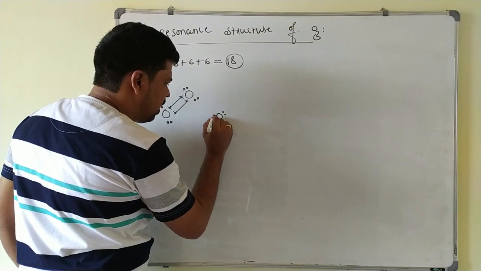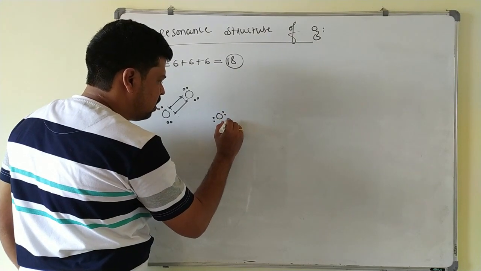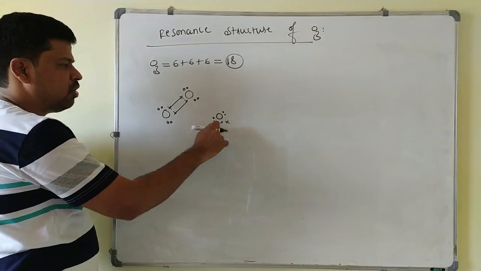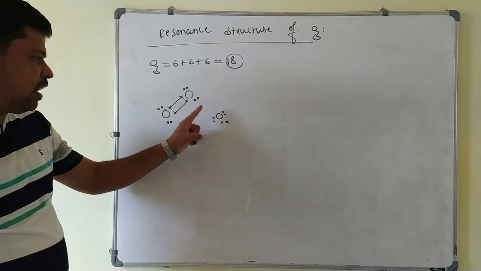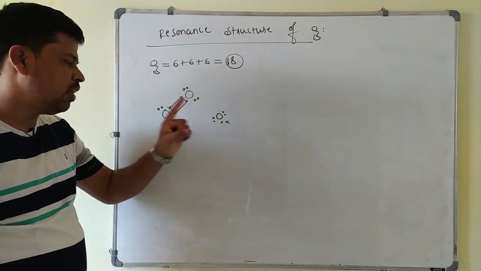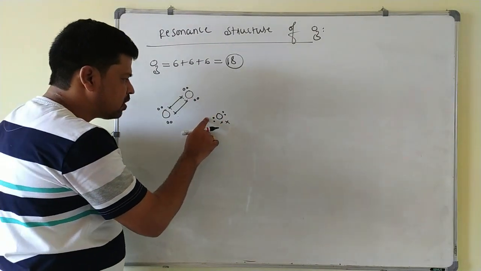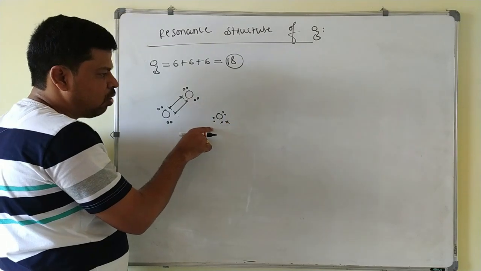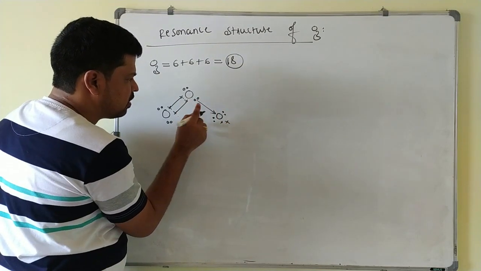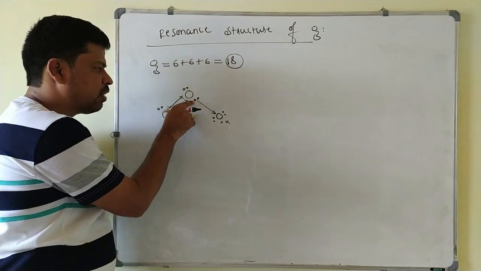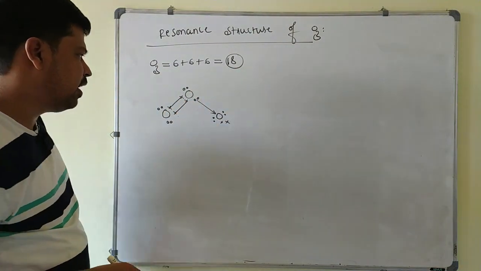It again has 6 valence electrons, all paired, so we cannot form a simple covalent bond. But the other oxygen is 2 electrons short of the octet, so we can form a coordinate bond by donating these 2 electrons from the oxygen.